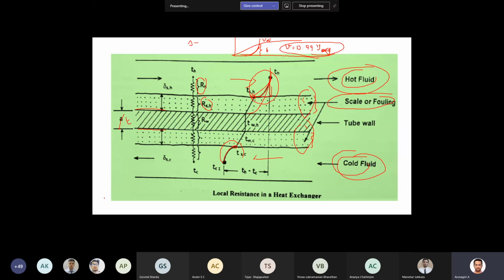When the temperature increases on the hot fluid side, these inverse solubility salts settle on the surface. This is also called crystallization fouling. They settle on the solids, so you will get a problem.